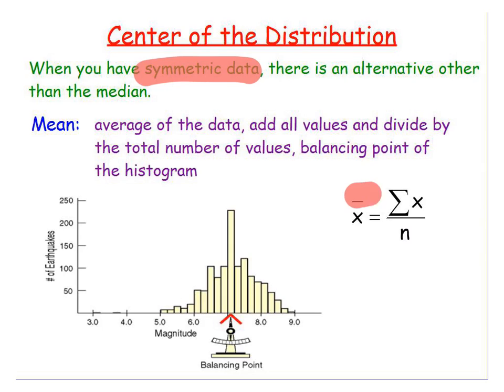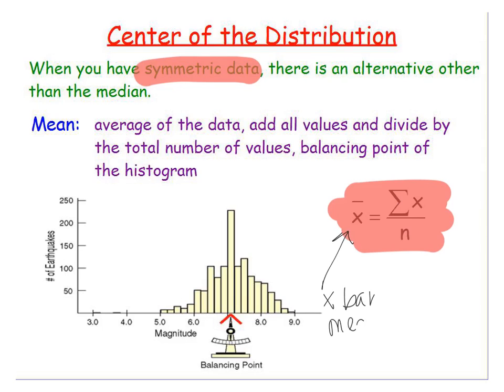Now, this lovely thing right here, this is the formal formula for the mean. Some important pieces of it: this notation here is called x bar. It's simply the notation for mean. This right here is a Greek letter, the Greek letter sigma.